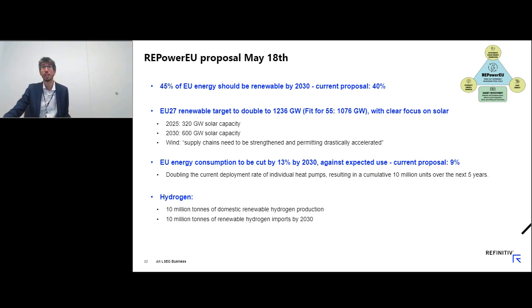So as I mentioned earlier, we have the goal of reaching 600 gigawatts of solar capacity in 2030 and 320 in 2025. It is very clear that there is a lot of focus on solar because of the relatively rapid deployment, both in terms of permitting and in terms of supply chain. While for wind, the path is more similar to the path that was previously presented.